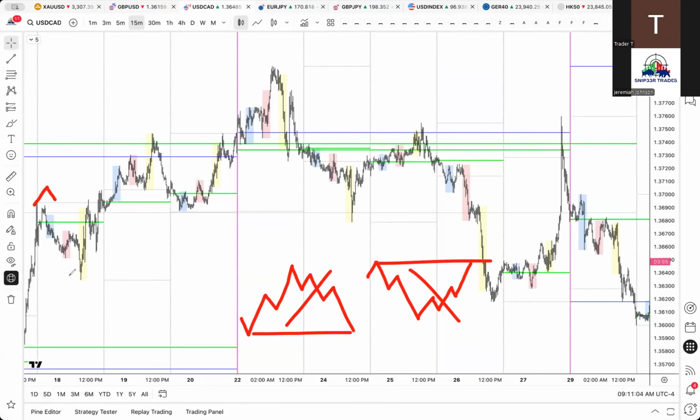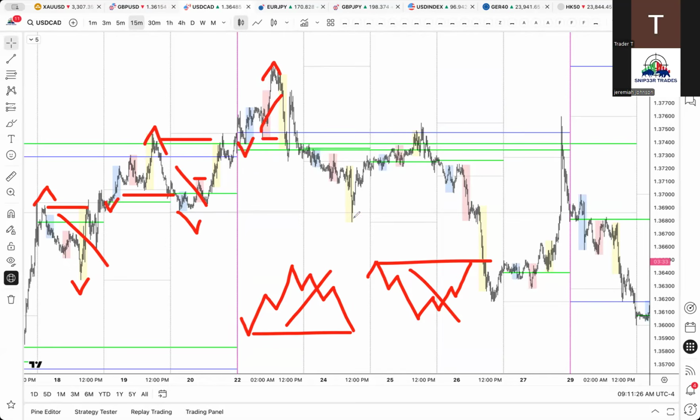So 1, I already see a dump and pump model here, and I see a pump and dump model here right after that. Then another dump and pump model right after that. Then another pump and dump model right after that.